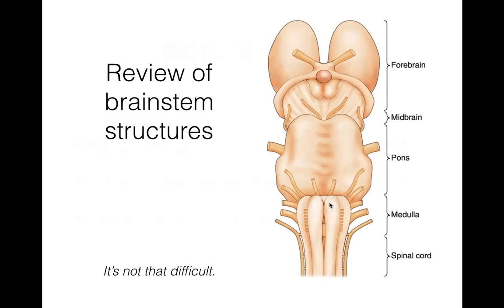Then there are the different cranial nerves that arise from the brainstem, from cranial nerve number 3 all the way up to cranial nerve number 12. The location and functions of these cranial nerves are very important for you to remember. Trust me, it's not that difficult.